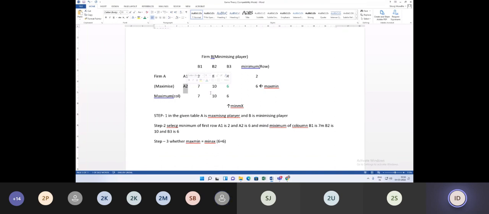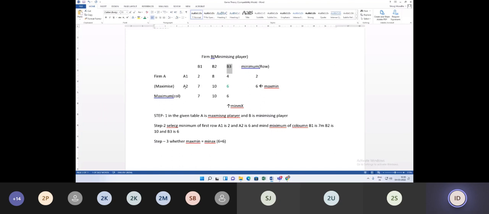A1 is not going to be adopted by firm A. Similarly, firm B is adopting the B3 strategy, so that it thinks my loss is minimized. If firm A decides A2 is the optimal strategy, then firm A assumes my gain is maximum.